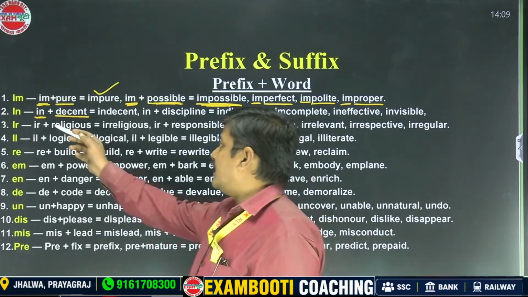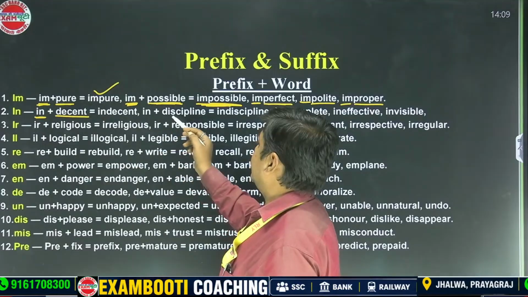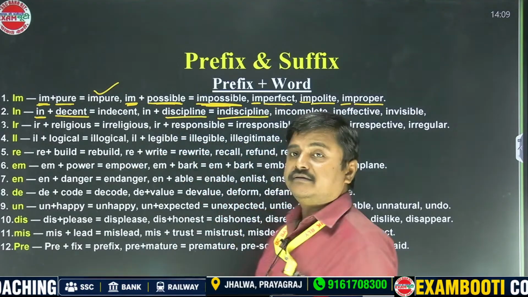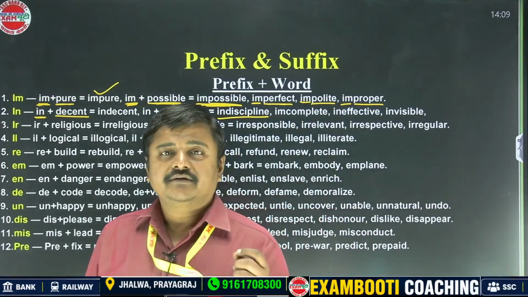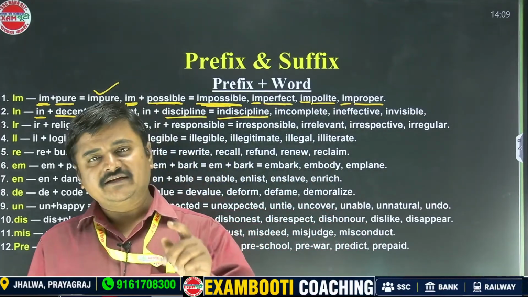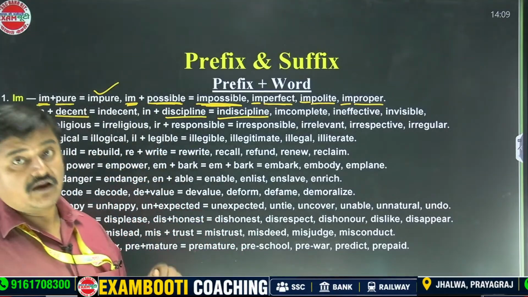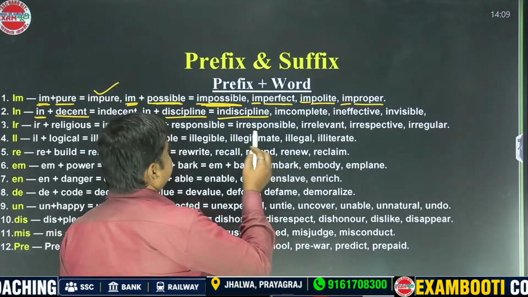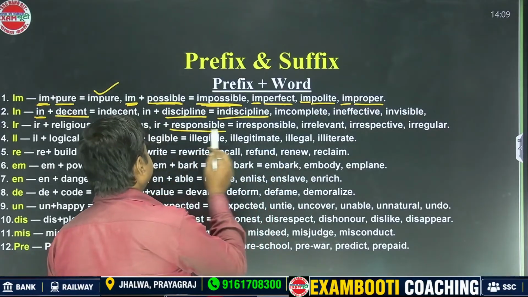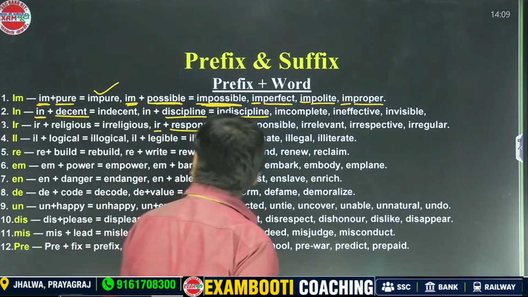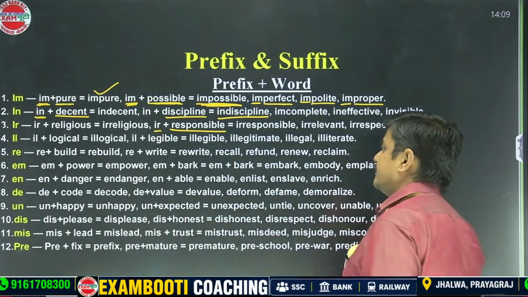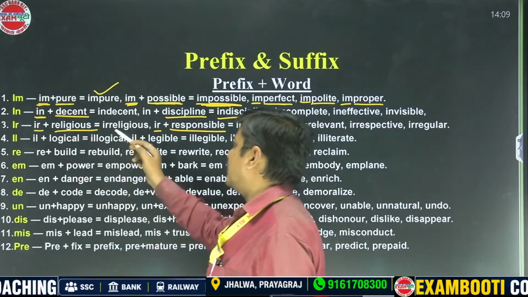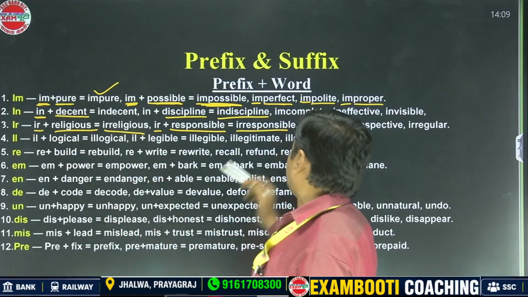And again IN, decent, indecent. Discipline, indiscipline. If you add IN to discipline, you will get its opposite, and you will also get a new word. Like responsible, the word responsible, and you added IR. Religious, and you added IR, you get irreligious, irresponsible.